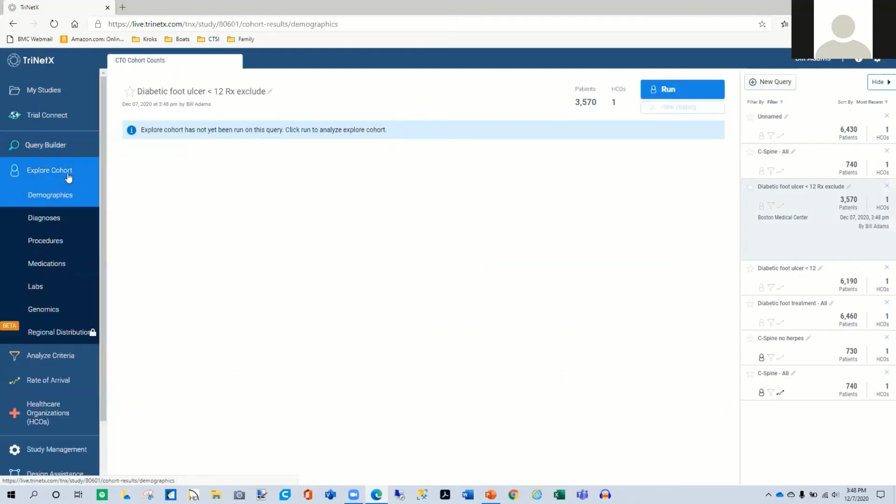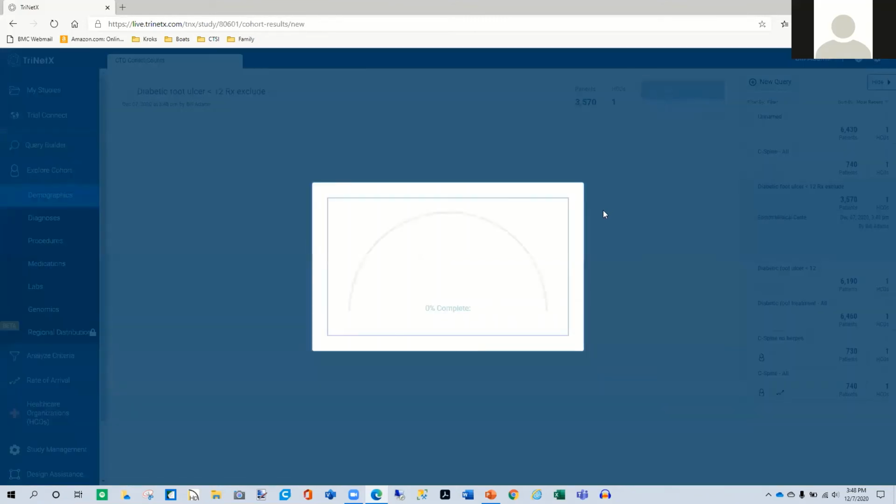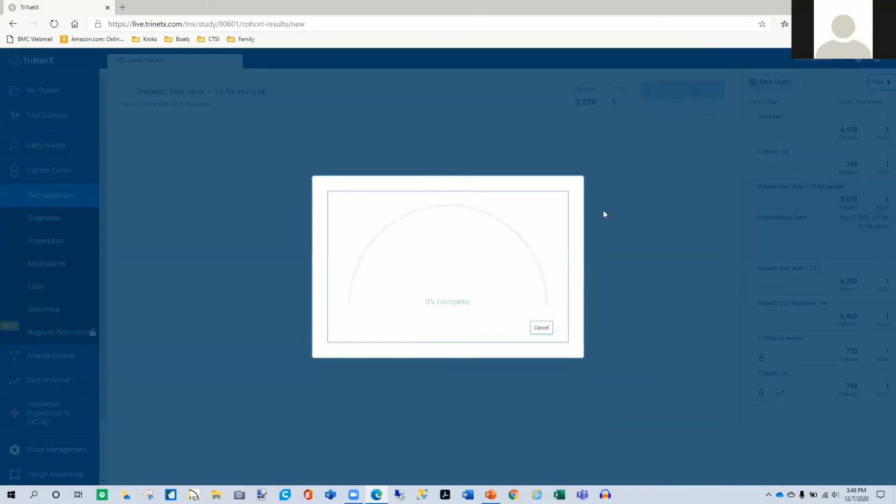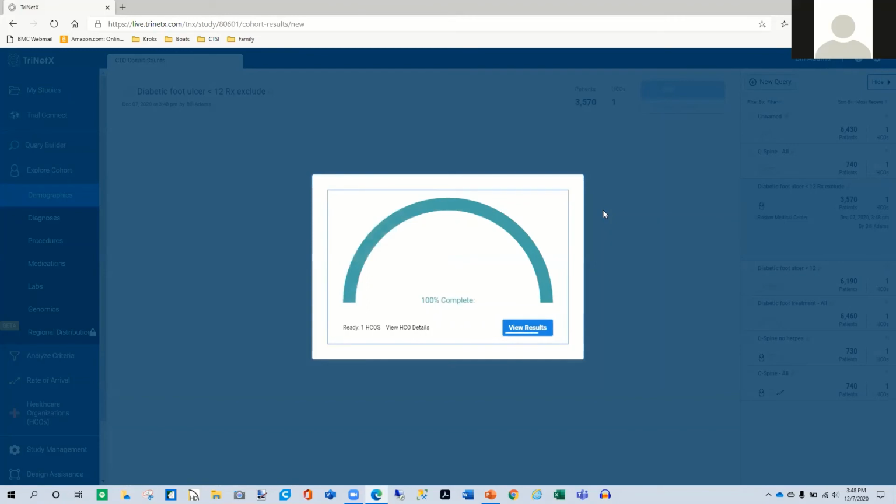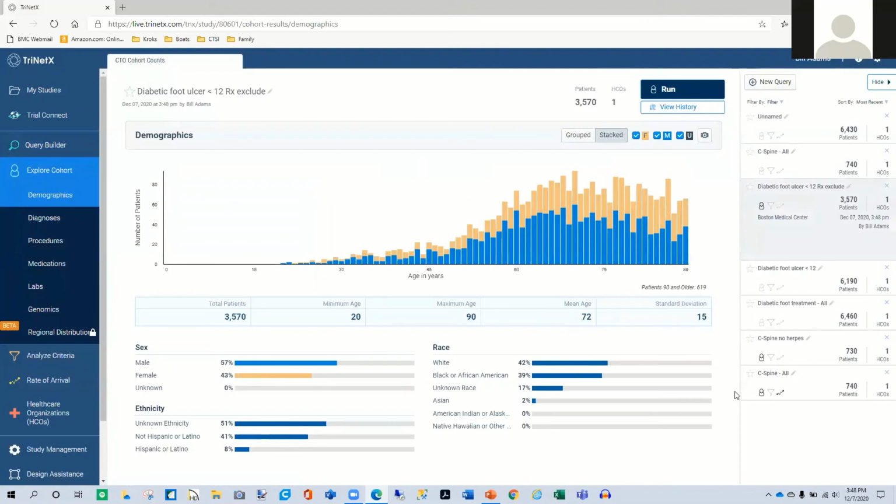And if I look at that cohort, I should be able to explore that a little more and see what are some of the features of that cohort. And so this is the cohort of people who have ever had a foot ulcer, and the gender, the racial composition, the gender balance, and ethnicity is pretty weakly represented for us because our EHR hasn't historically collected ethnicity in a really consistent way.